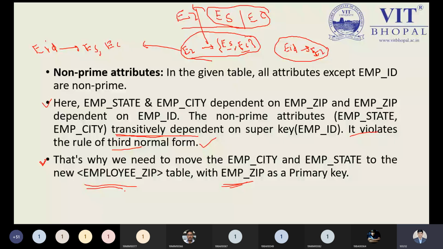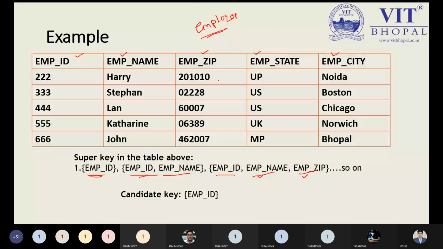So why are we doing the decomposition here? Because in this relation we are finding that there are transitive dependencies.